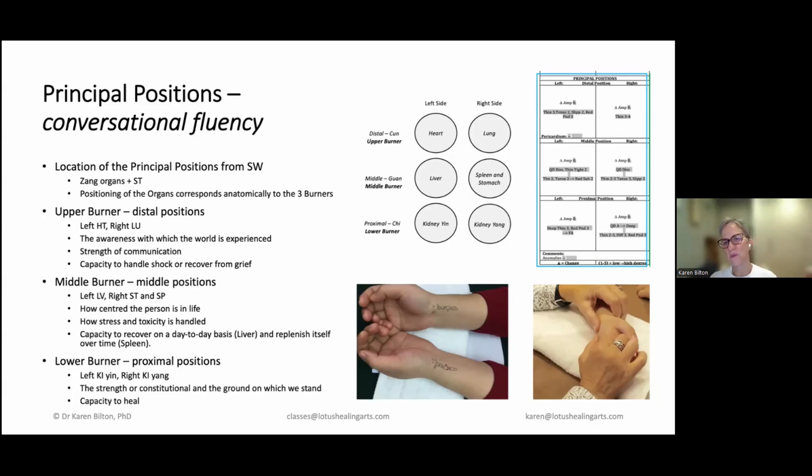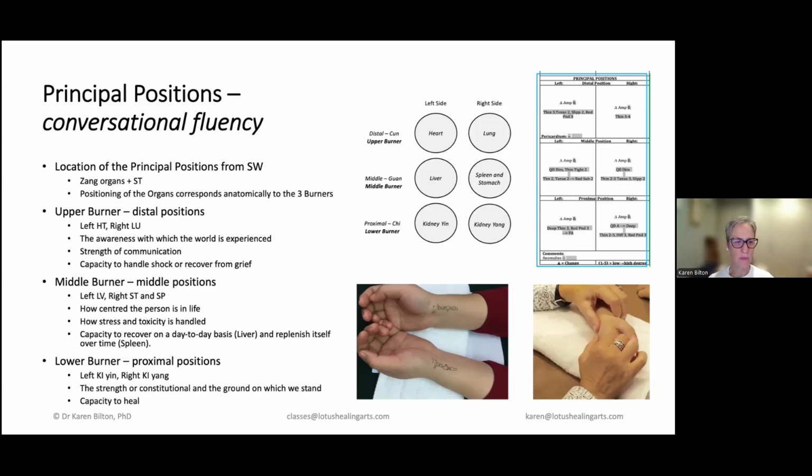And if you have somebody who has deep, absent upper burners, as is often the situation with cesarean sections, then we know that person's upper burner just hasn't got the qi and the available resources to handle shock and handle grief.